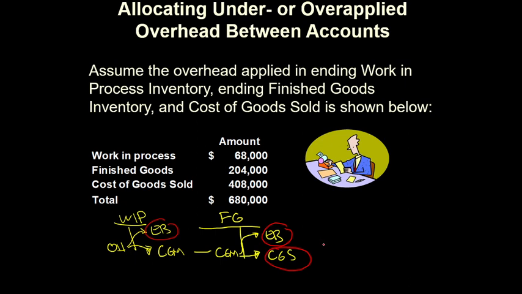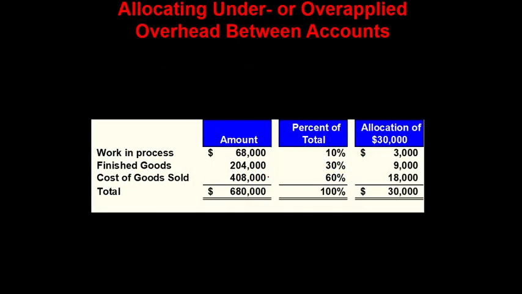So all you have to do is to use these values, your work in process, finished goods, and cost of goods sold, come up with a ratio and use that to allocate. So if these are the amount of your work in process, finished goods, and cost of goods sold, you have 68 divided by 680, that is 10%. Okay, so lagay mo dyan.